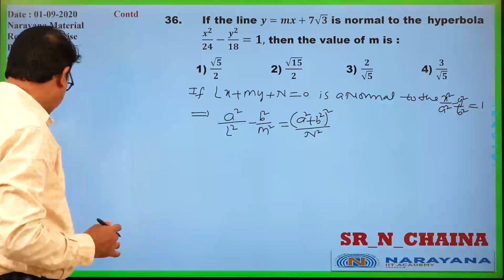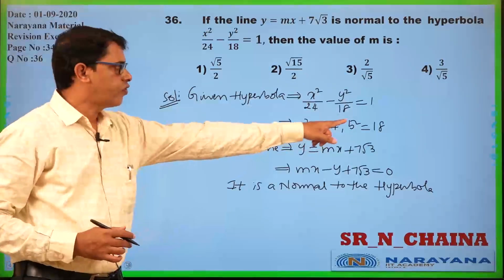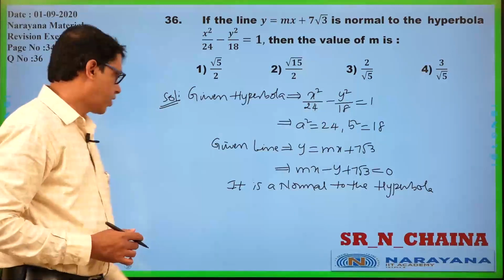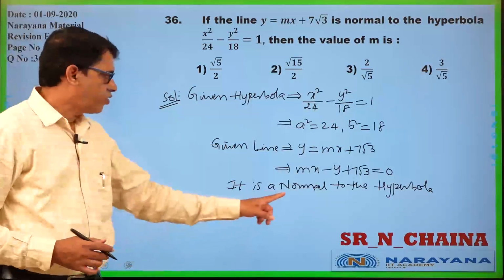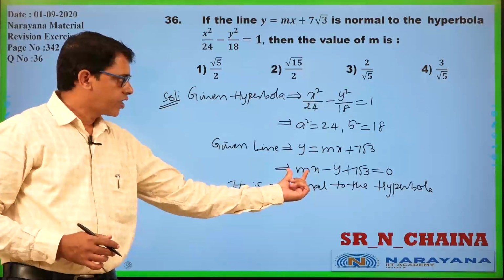What is the value of a square? A square value is 24, b square value is 18. Then what is the value of L? L means x coefficient.